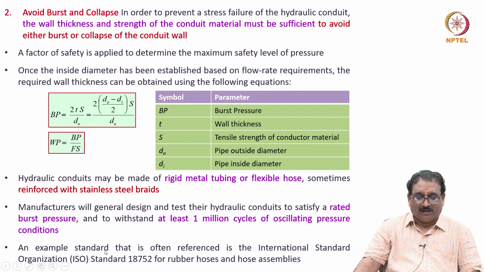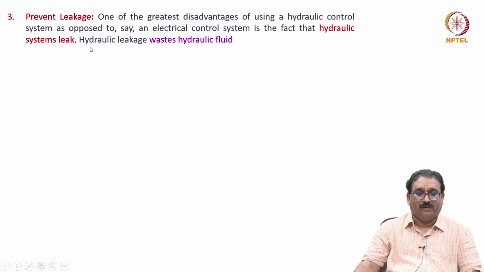An example standard that is often referenced is the International Standard Organization standard 18752 for rubber hoses and hose assemblies.